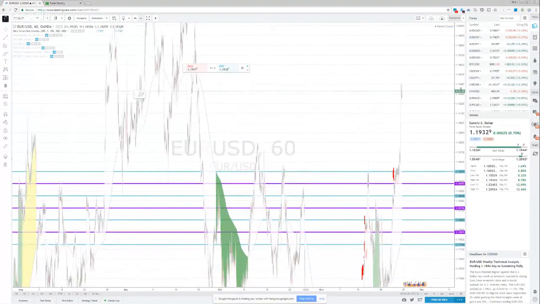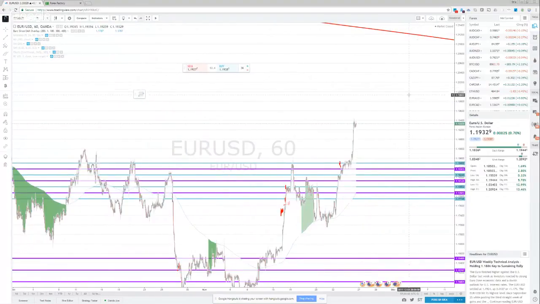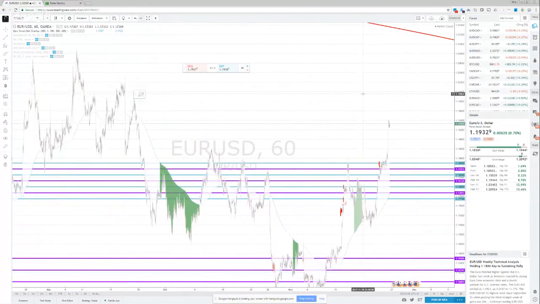Now, if we look into the bigger picture here. These are your resistance: 121, 120. Okay, if you want to be safe, yeah, put a pending order at 120, but you really need to look at the market later on today.